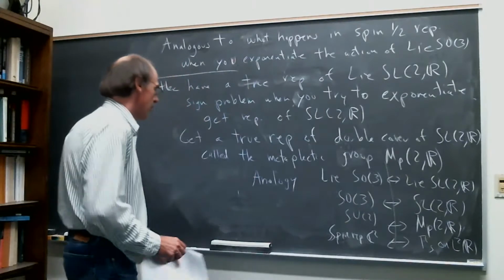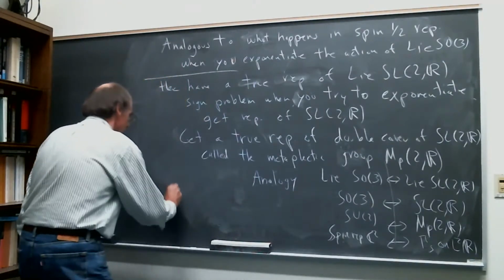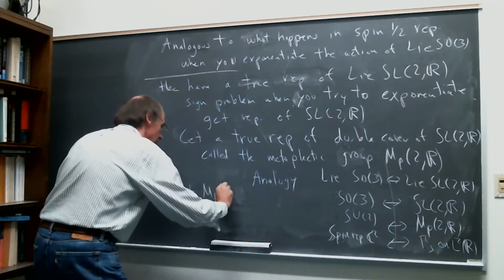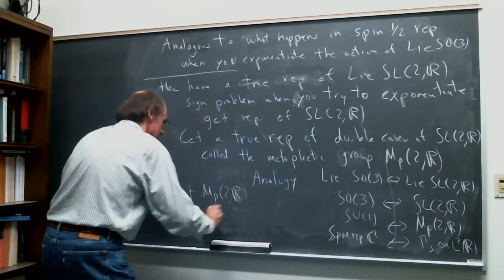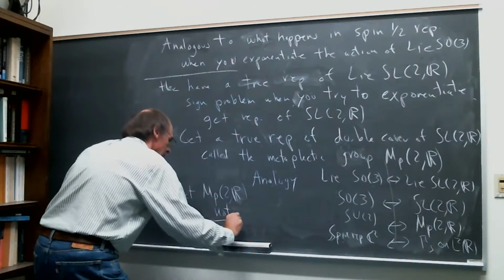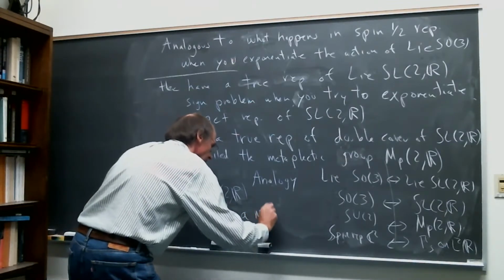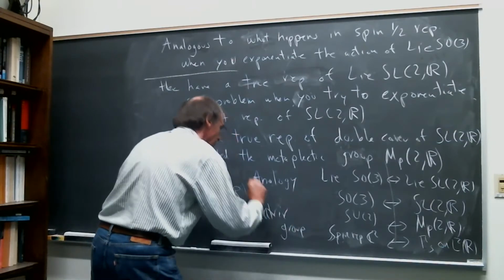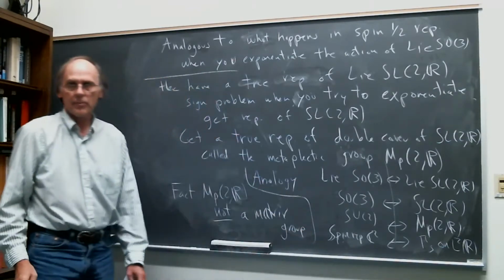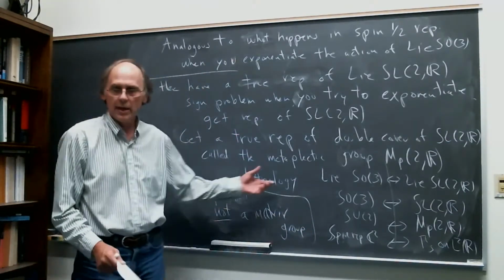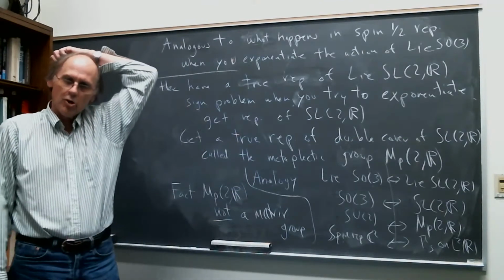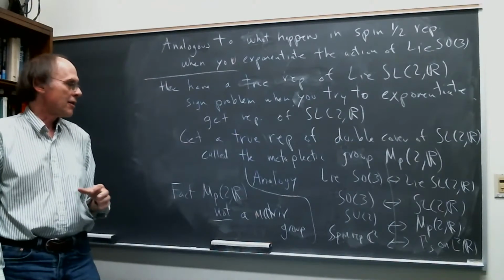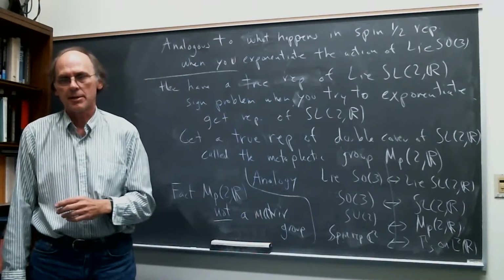And maybe the other fact is that MP of 2R is not a matrix group. I told you at the beginning that pretty much all the Lie groups you would ever see are going to be groups of matrices.